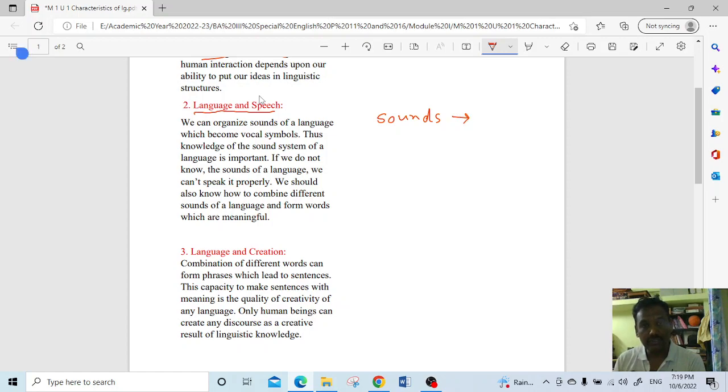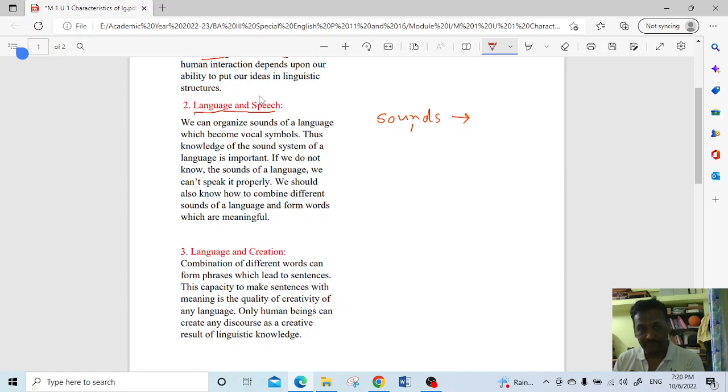So therefore, it is said that language is sounds. But not all sounds that we produce are included in language. You understand? We select specific sounds and we use them in our language as symbols of language.